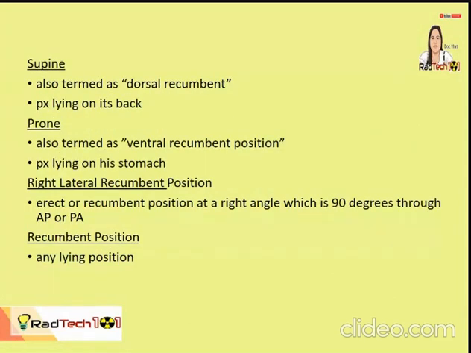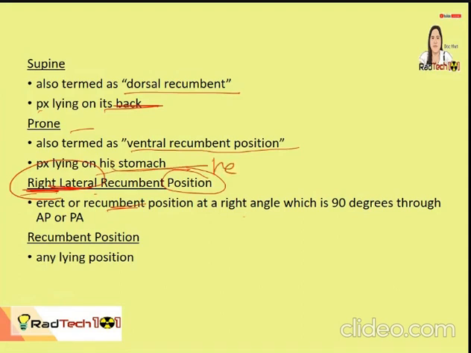So, when we say supine, other term for that is dorsal recumbent, or the patient is lying on his back. Prone or ventral recumbent position, patient is lying on his stomach. Right lateral recumbent, so either naka-erect siya or lying, but at right angle, which is 90 degrees through AP or PA. So, basta pag right lateral, since this is a position, the right side of the patient is near the IR, or table.